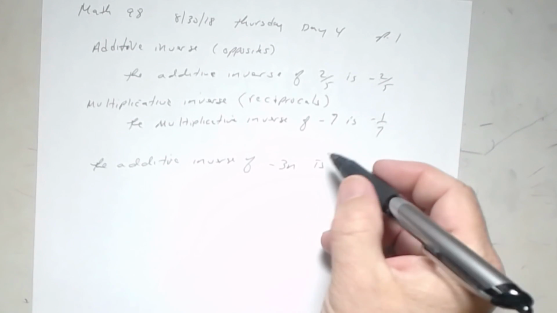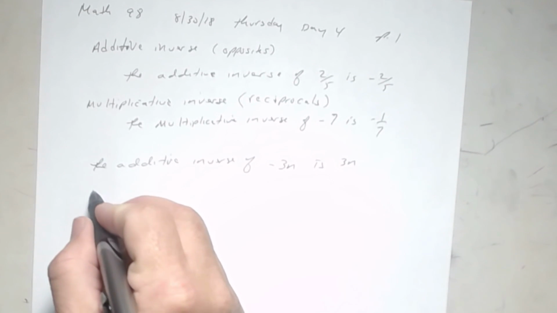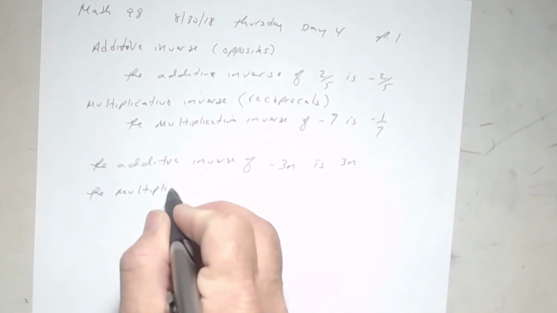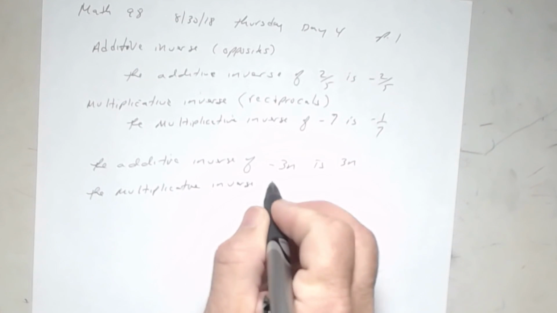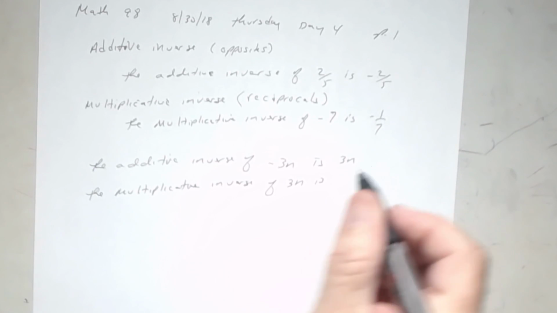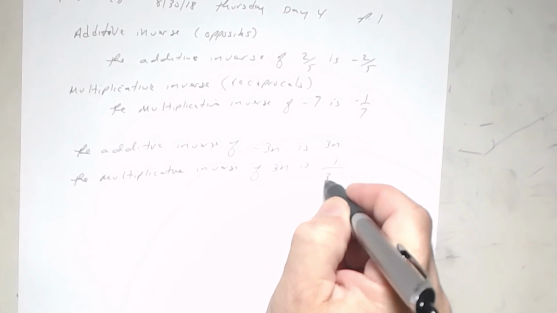So the additive inverse, here's all you do, is take the opposite. The opposite of -3n is 3n. What is the multiplicative inverse of 3n? 1 over 3n. Okay? All right, so you should be able to do this box. So 4 through 8 you should be able to do.